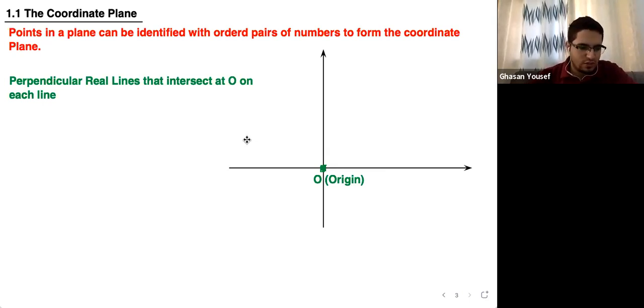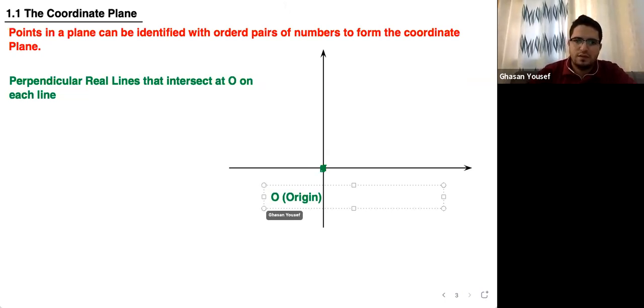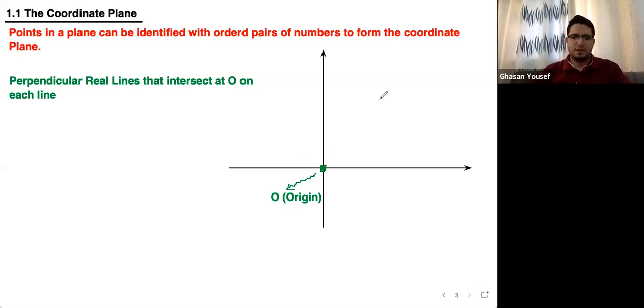Also I have to know the two lines divide the plane into four quadrants. This is the first quadrant, denoted by I. This is the second one, II. This is the third one, III. And this is the fourth one, IV.